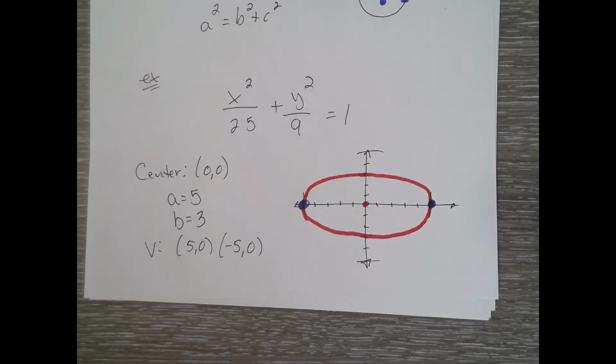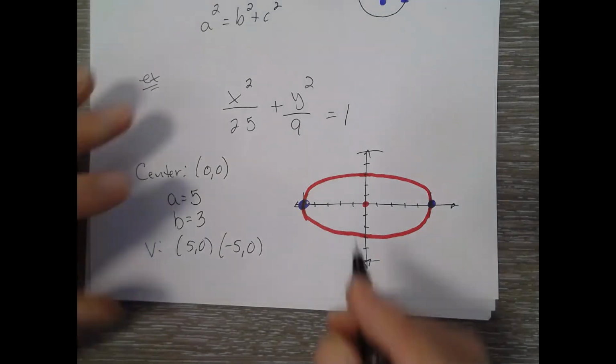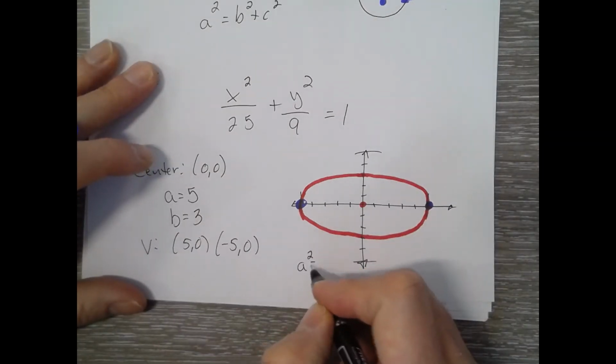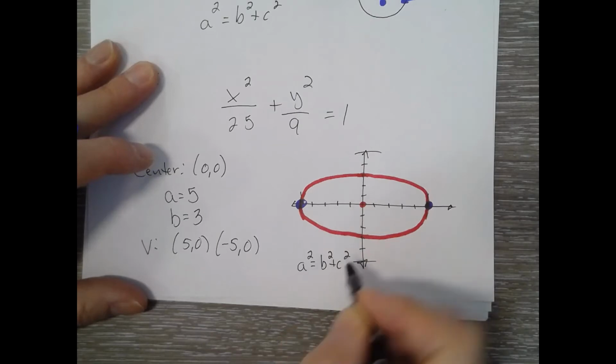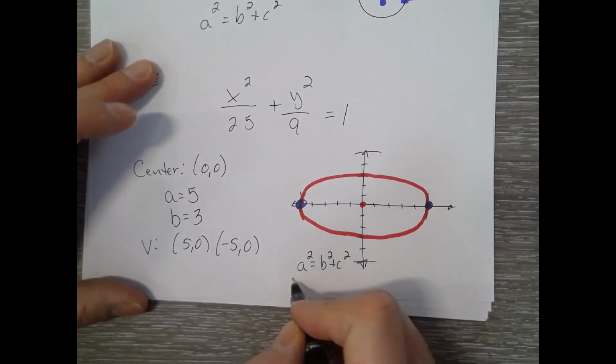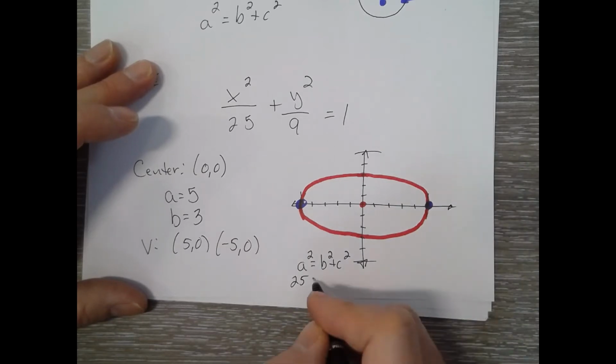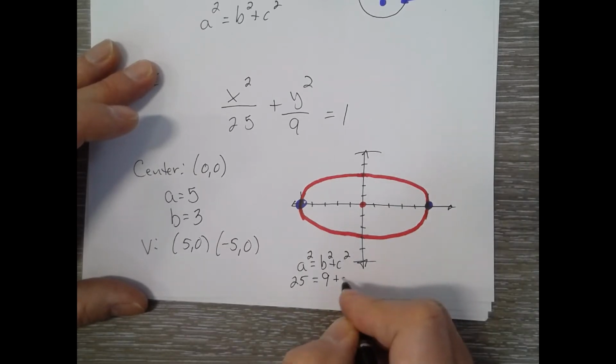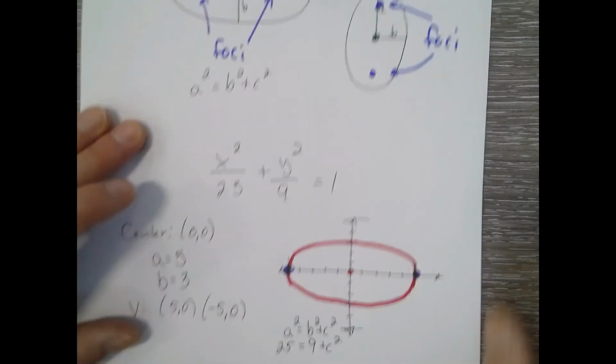Yeah, Lena. Can you do 25 minus 9, and then whatever the result is, square root? Very good, because the equation is a squared equals b squared plus c squared. A is the biggest of the three. So now we have a squared, which is 25. We have b squared, which is 9, and we can find c by using that equation.